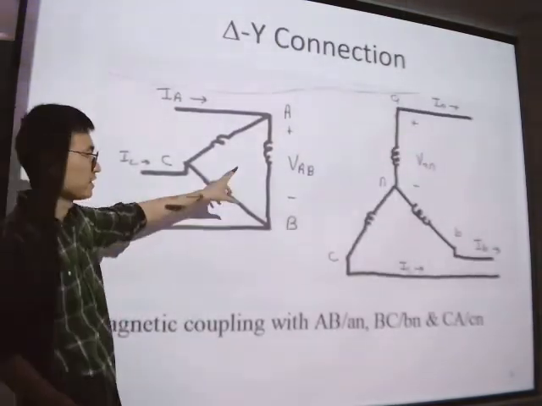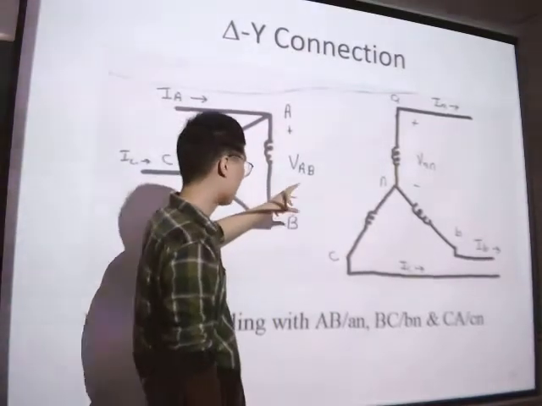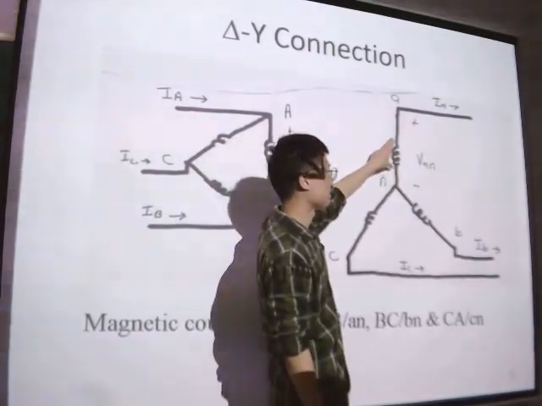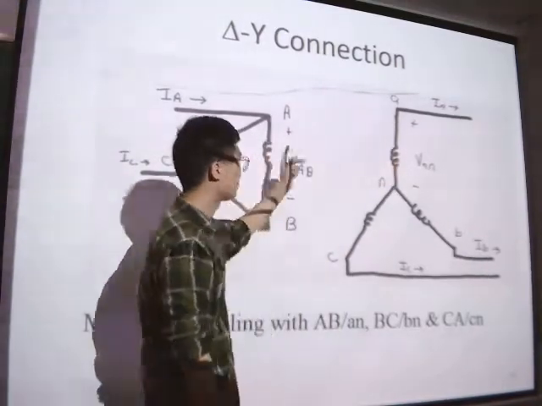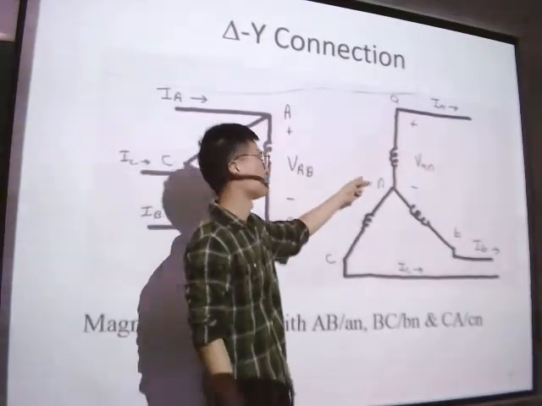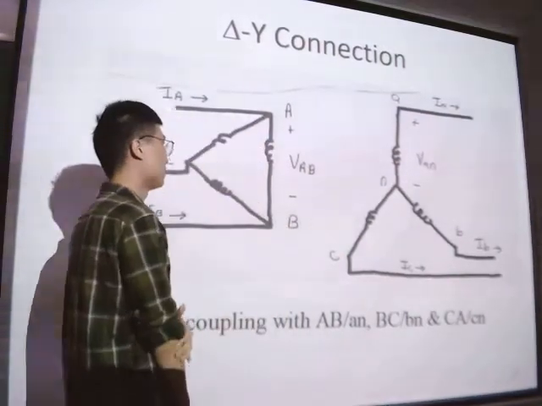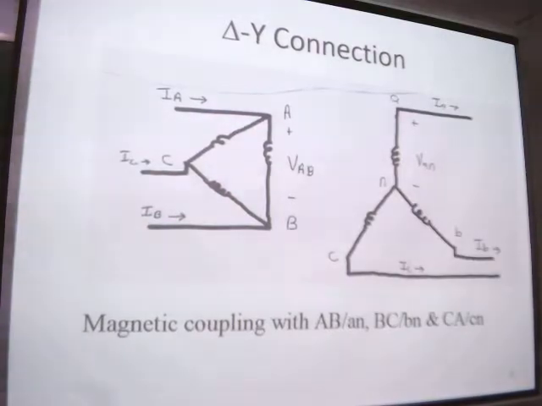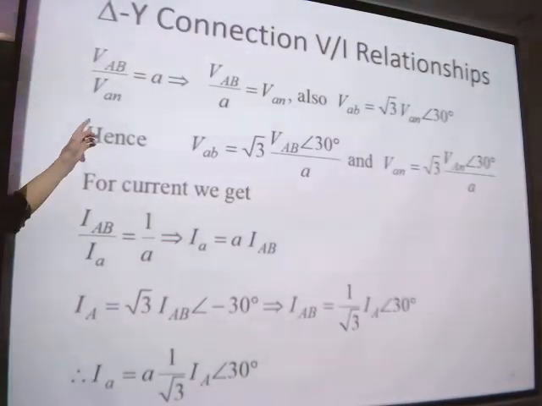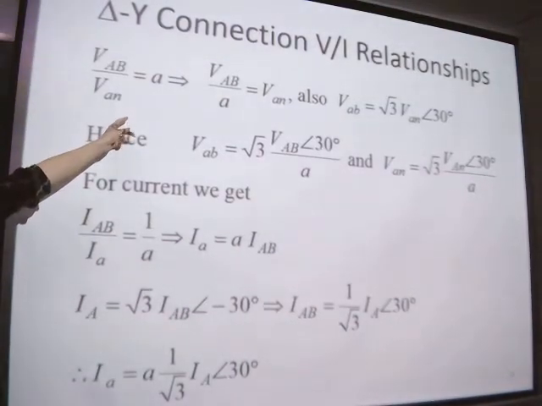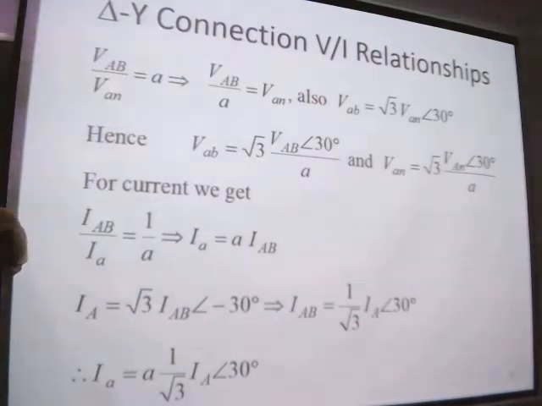These two sides, this is the primary side and this is the secondary side. For these two sides, the ratio of the voltage is also equal to the ratio of the turns.